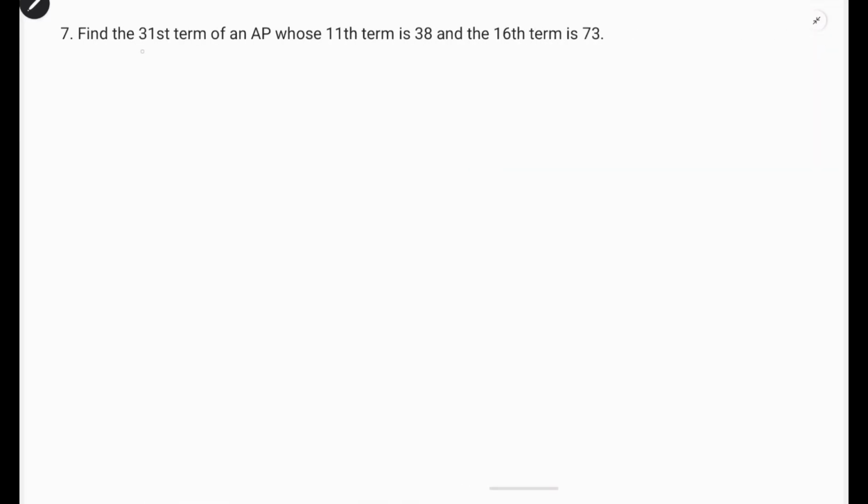Okay. Next one. Find the 31st term of an AP whose 11th term is 38 and 16th term is 73. The 11th term A11 is equal to 38 and the 16th term A16 is equal to 73. We have to find the 31st term, A31.